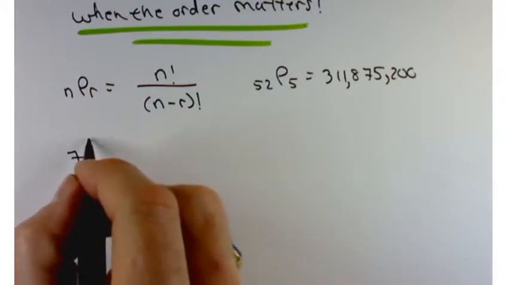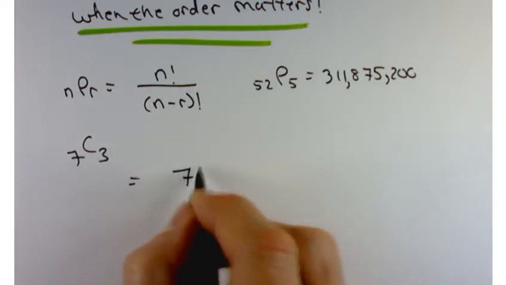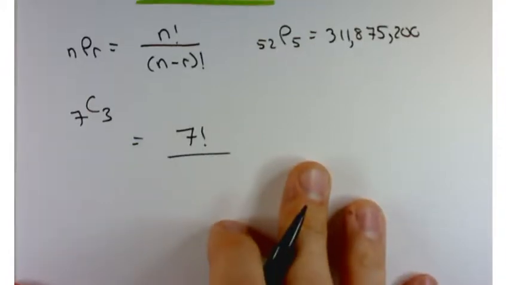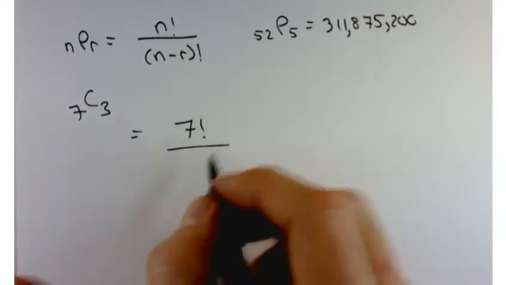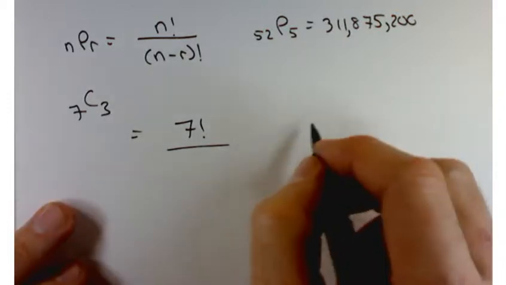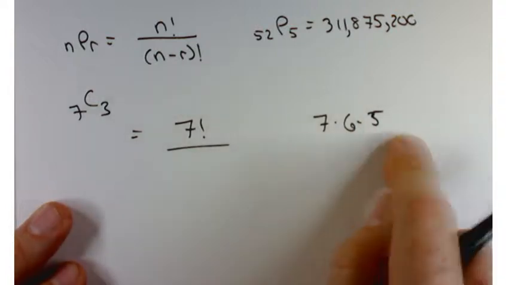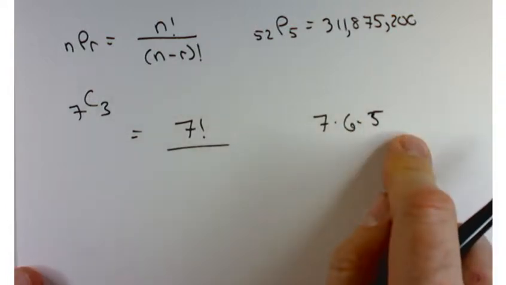So 7 choose 3. Well, you're going to have your 7 factorial. That's the number of ways you can arrange 7 objects. But we're really only choosing 3 of these. So 7 times 6 times 5. That's the way you can choose your 3 objects.